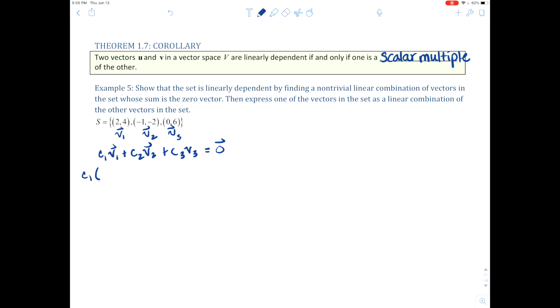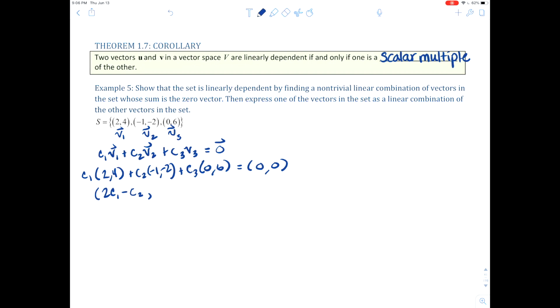Plugging in the vectors that we know. The 0 vector for this space would be 0, 0. So getting one vector, we'd have 2c1 minus c2 for our first component, and the c3 zeroes out.